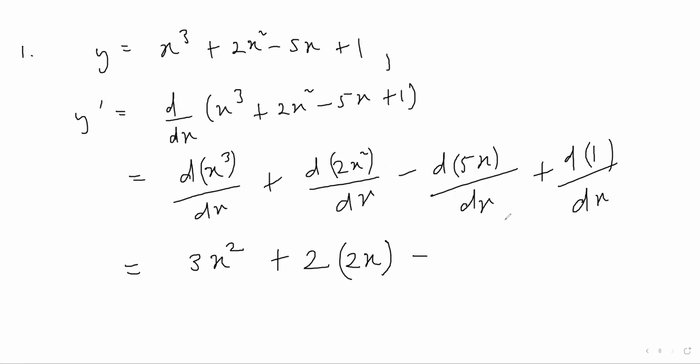And then the third term, you have 5. You can take out the 5 as a constant, factor it out, and you are left with the derivative of x with respect to x.